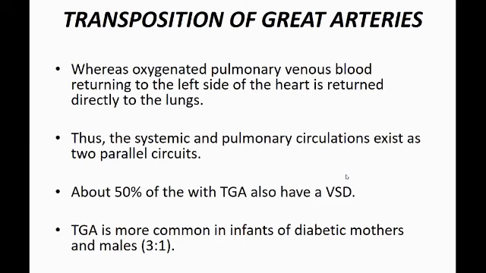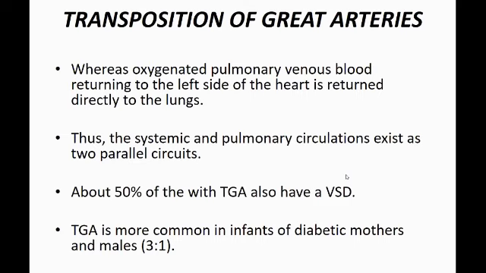So the patient presents with cyanosis. And 50% of the cases of TGA also have a ventricular septal defect. So this is an associated finding. Isolated TGAs are basically not compatible with life. TGA is more common in infants of diabetic mothers and in males, with a male to female ratio of 3:1.